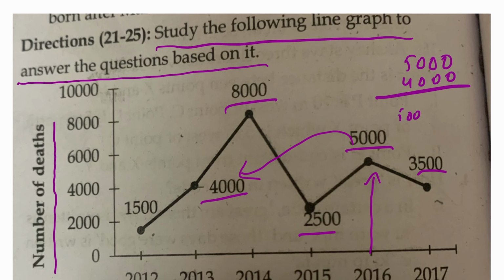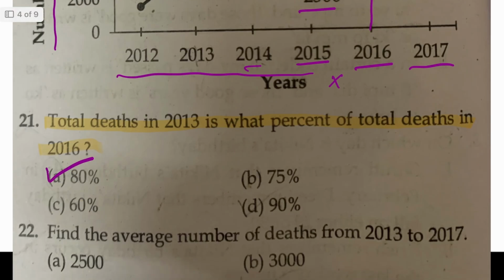See, 10% of 5000 is 500, right? Then 20% of 5000 is 1000. So minus the 1000 here, you will get 4000. So 20% is reduced. So the answer will be A, 80%.